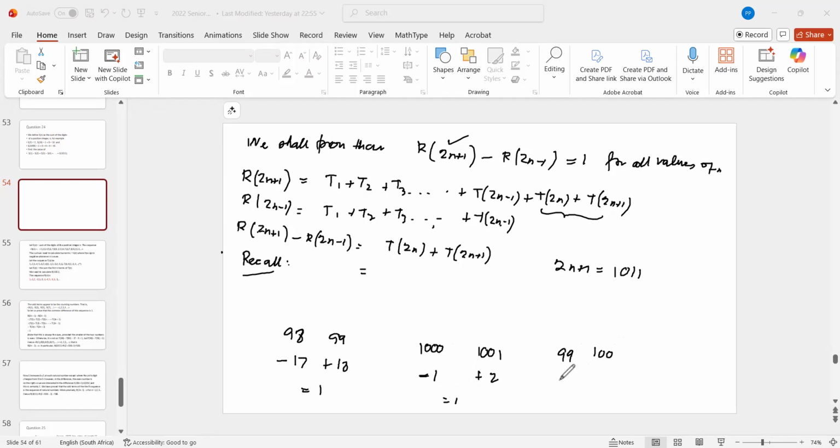So it's odd. So it's 18, and this is 1. There's a minus sign, and this is not equal to 1. But the point is, if you got a pair where the first one is even, you'll always get the answer 1. So there's a pair, T of 2n plus T of 2n plus 1, and this will always be equal to 1.